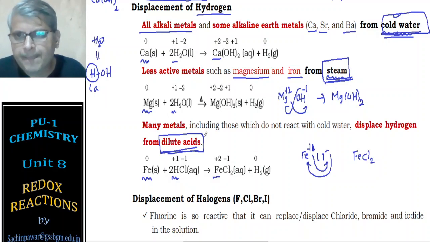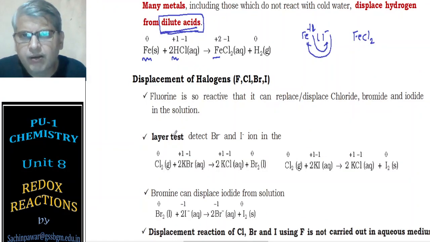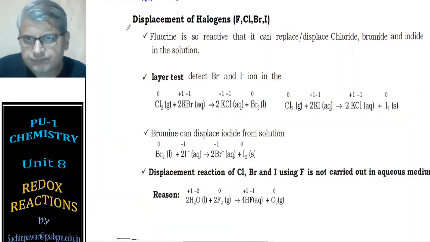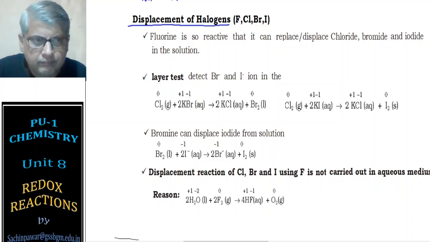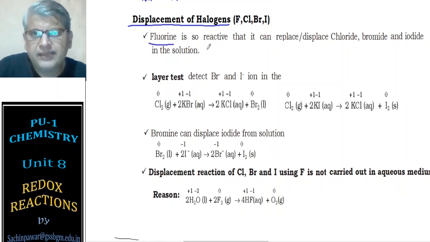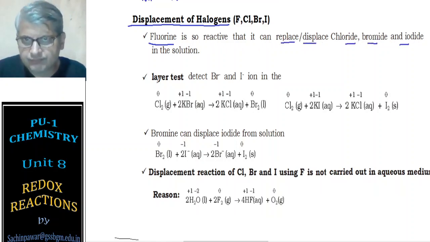Okay, next one is displacement of halogens. Okay, so here displacement of halogen. Fluorine has an ability to displace or replace chloride ion, bromide ion, iodide ion from the solution.